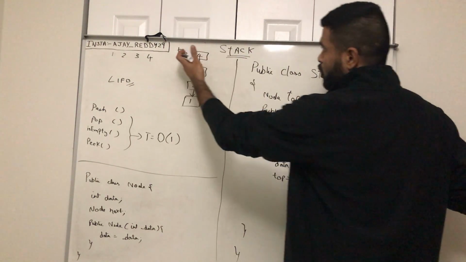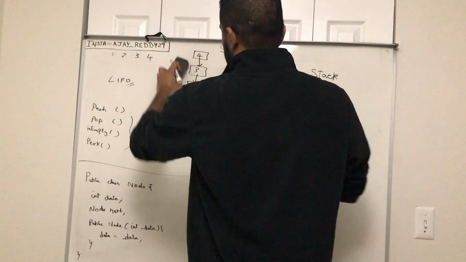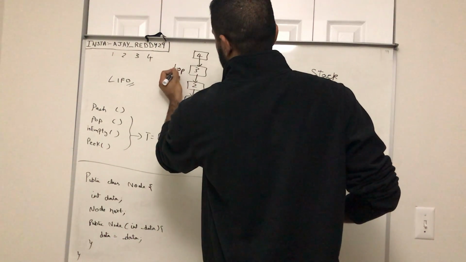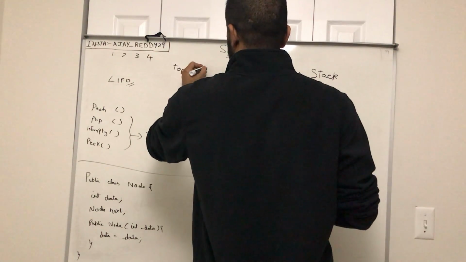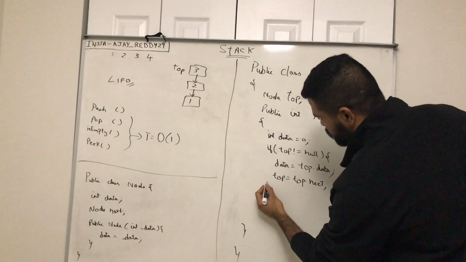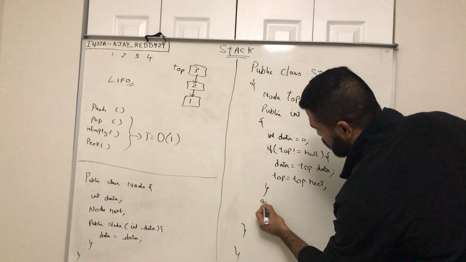That way the top pointer from here comes here by eliminating this element. So that is about this condition, and finally I'll return the data.